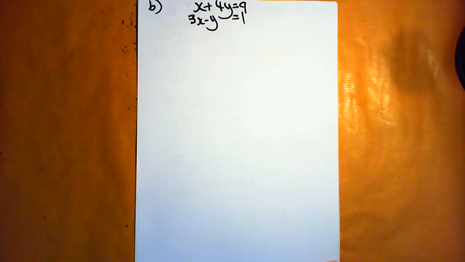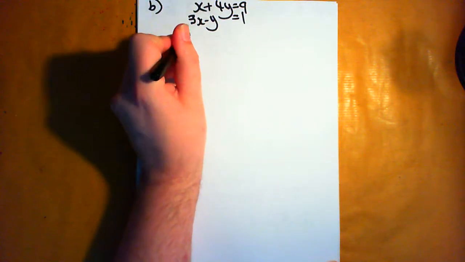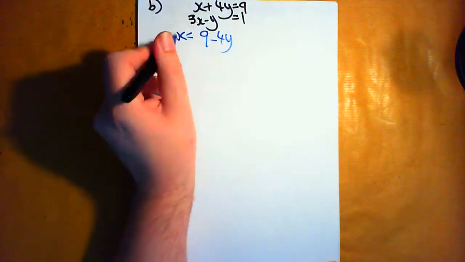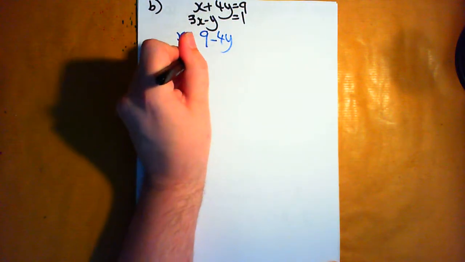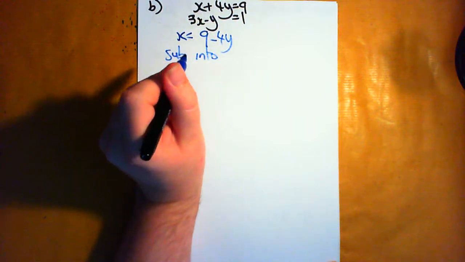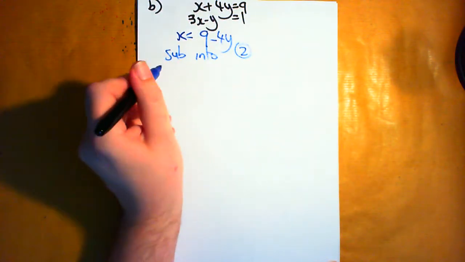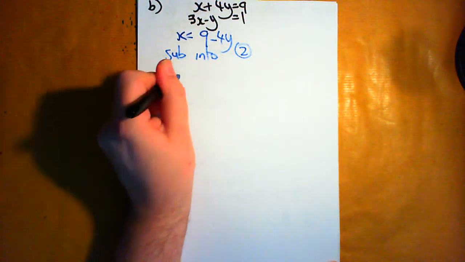So if we solve that first equation for x, we get x equals 9 minus 4y, and we'll substitute that into equation 2, into the other equation. So that becomes 3 times x.